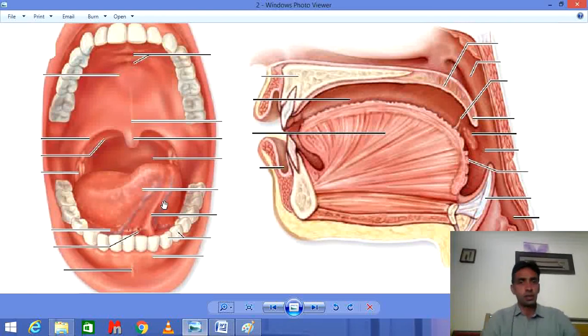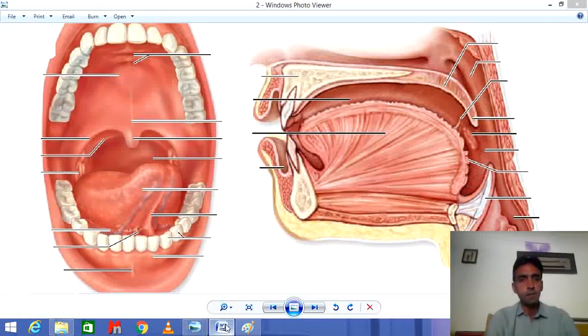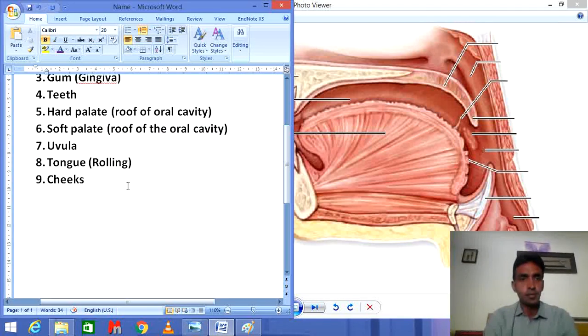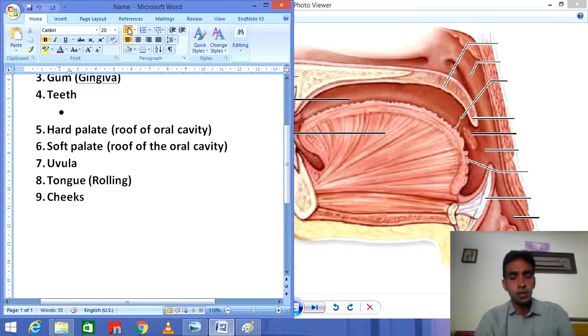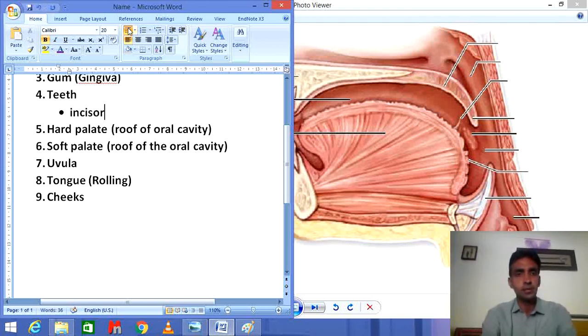Now coming toward the teeth, there are many types of teeth in the oral cavity. First of all, focus on these four teeth, these four, and these four teeth. These are called incisors.